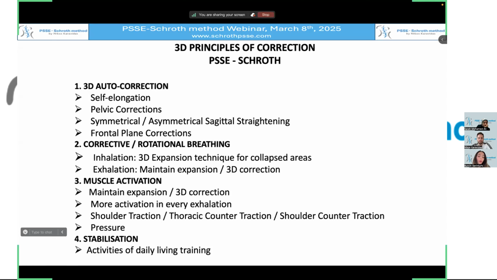This is a really important part. It means training of activities of daily living. When your patient finishes the exercise, they need to stabilize the correction and implement it in daily life, because we want to prevent asymmetric loading during daily life.